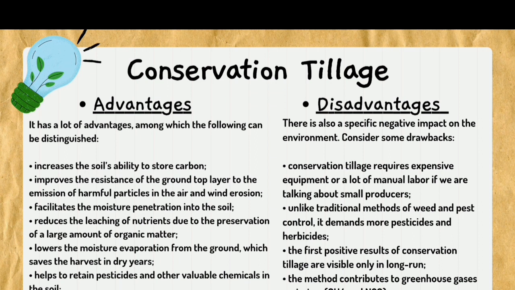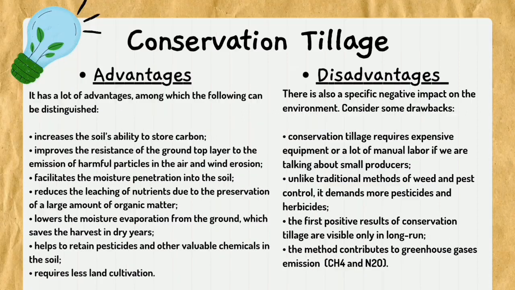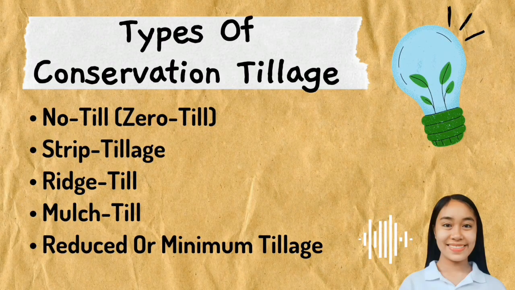The first positive results of conservation tillage are visible only in the long run. The method contributes to greenhouse gas emissions, CH4 and N2O.